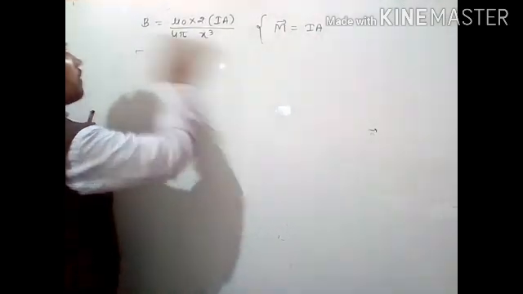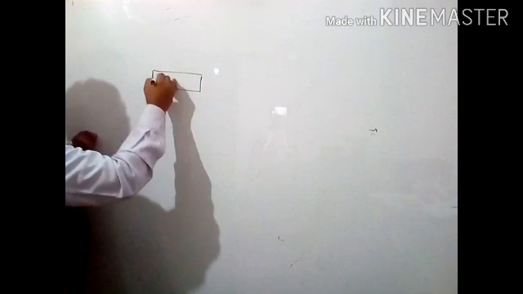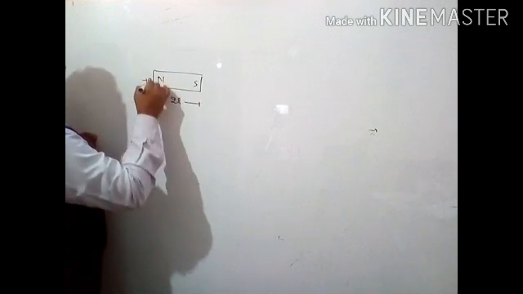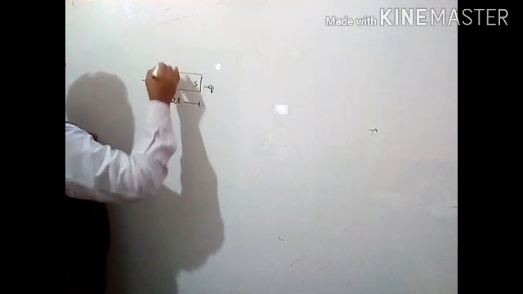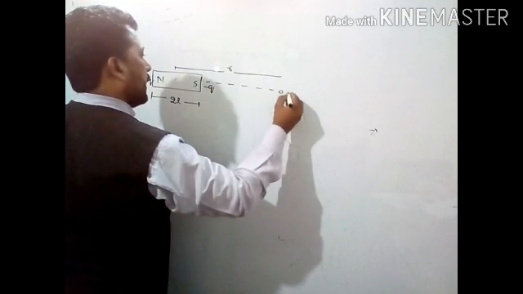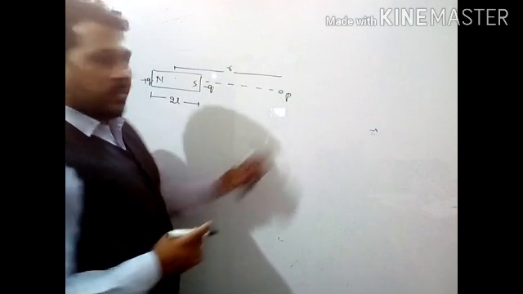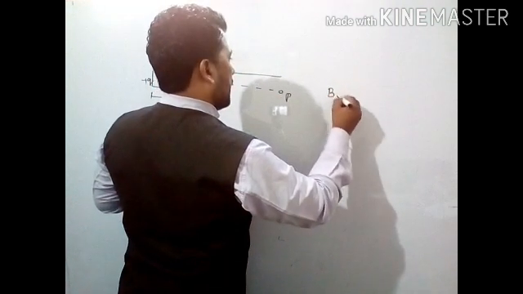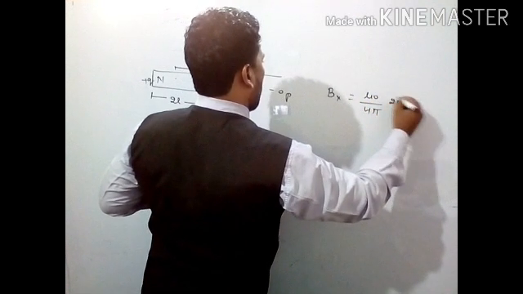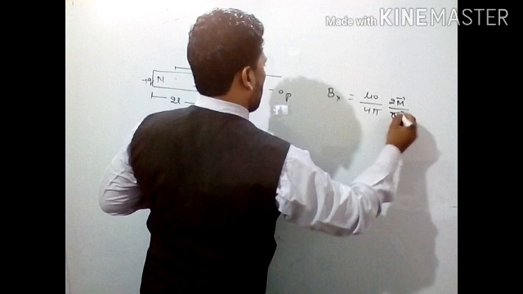The magnetic field we are discussing here is through the magnet, and this is the bar magnet, N and S, whose length is 2L, and this is the charge polarity and its midpoint. So where we calculate the magnetic field on the x-axis, that will be equal to mu naught by 4 pi 2m by x cube or r cube.